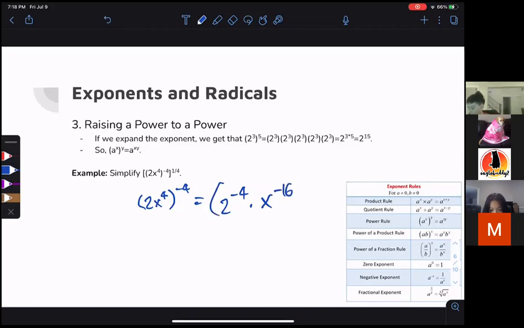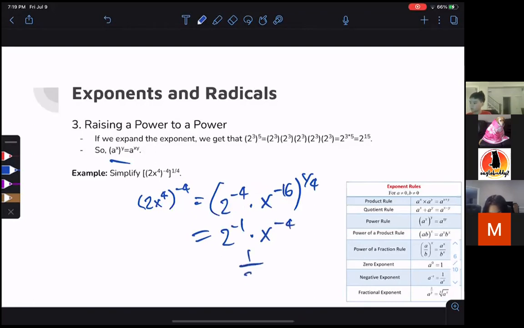And then due to the 1/4, you use this rule on both. So that should give, sorry if I accidentally miscorrected you on this, 2 to the negative 1 times x to the negative 4.